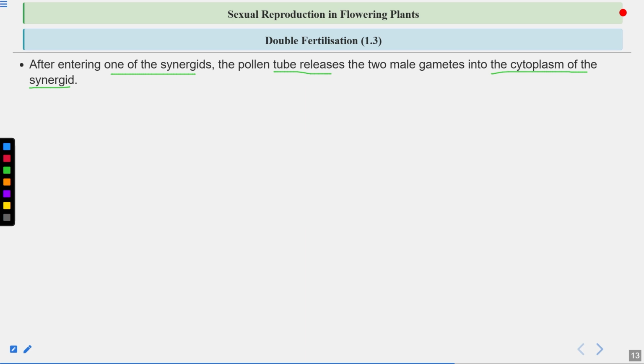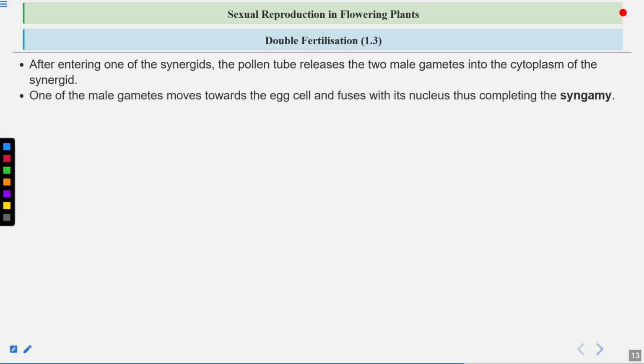So from the micropylar pore, this pollen tube enters and one of the synergids receives the pollen tube release. What does it release? It releases 2 male gametes into the cytoplasm of the synergid. One of the male gametes moves towards the egg.